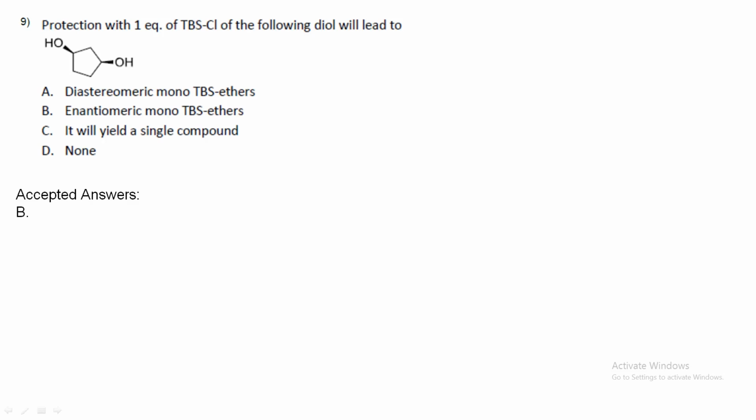Here again you can see TBDPS is used for the protection chemistry. So what is TBDPS?